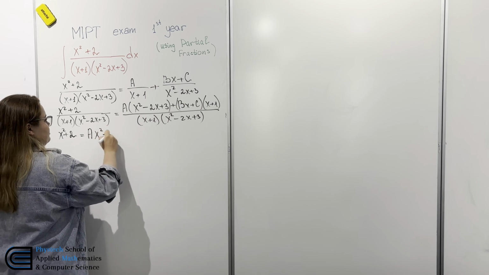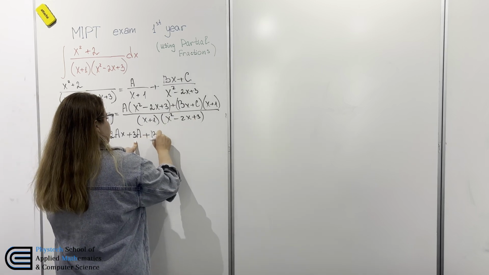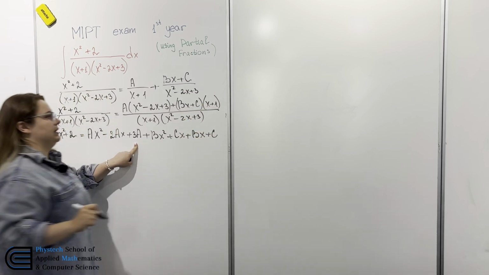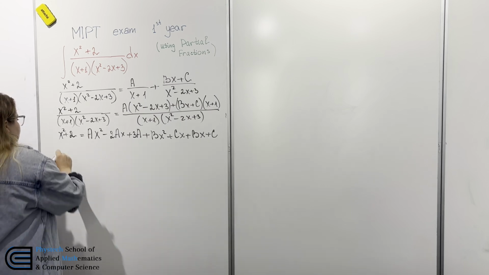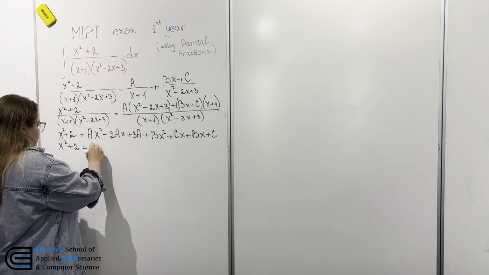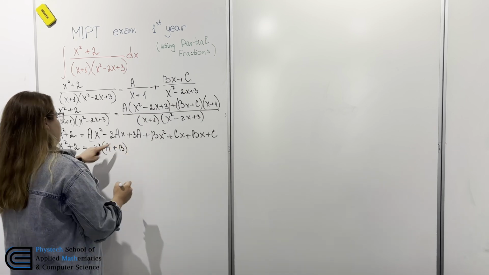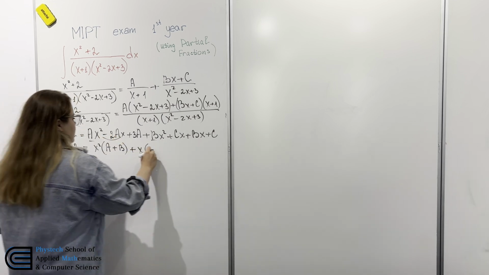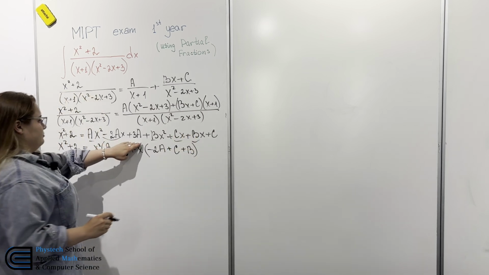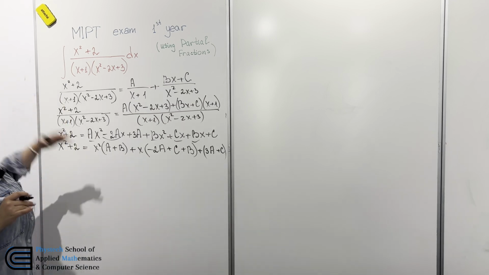A multiplied by x squared minus 2Ax plus 3A, plus Bx squared plus Cx plus Bx and plus C. And, well, a little bit more organized, I want to write it so: x squared, here and here we will have A plus B, then plus x times (minus 2A plus C plus B) from here, and then plus 3A plus C.